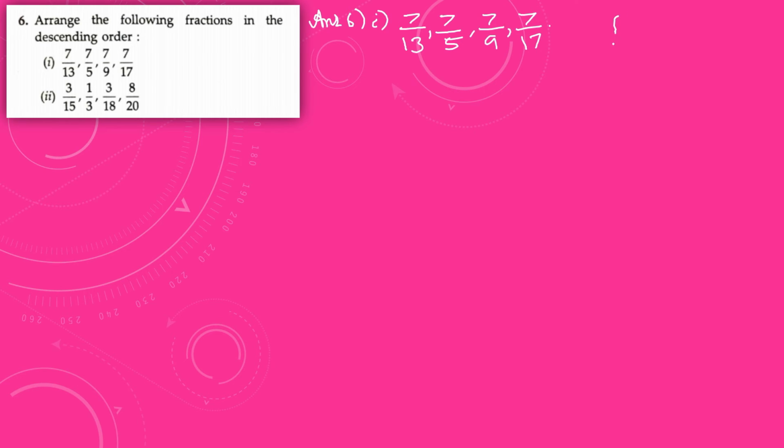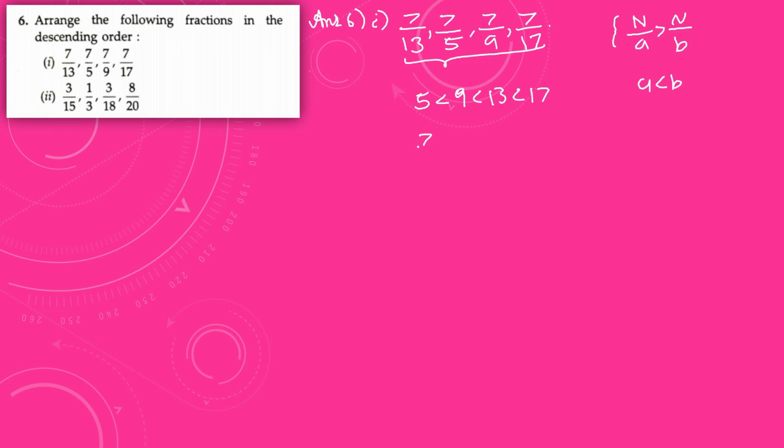As you know, if we have fractions n upon a and n upon b, and a is more than b, then n upon a would be smaller than n upon b. So first we compare the denominators in ascending order. That is 5, then 9, then 13, then 17.